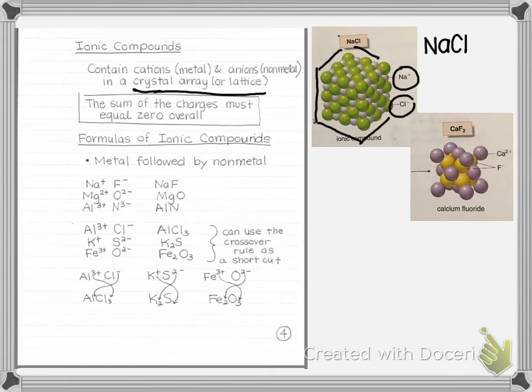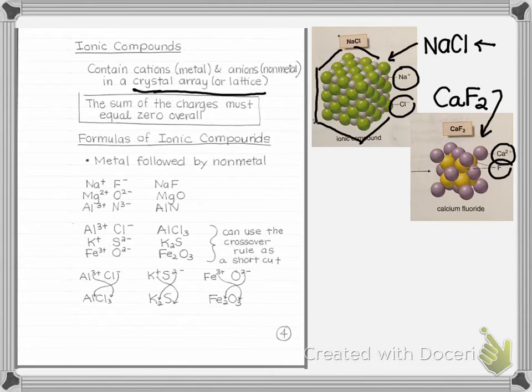Now notice in this example, the cation is calcium, a calcium ion, the metal calcium, and the anion is fluoride, but the ratio, and we'll learn why in just a minute, is CaF2. So on the first one, sodium chloride, it was a 1-to-1 ratio, and we get a lattice structure that looks like this. Calcium fluoride is a 1-to-2 ratio, and notice that the structure looks a little different.